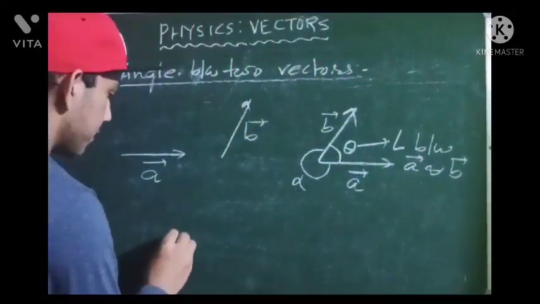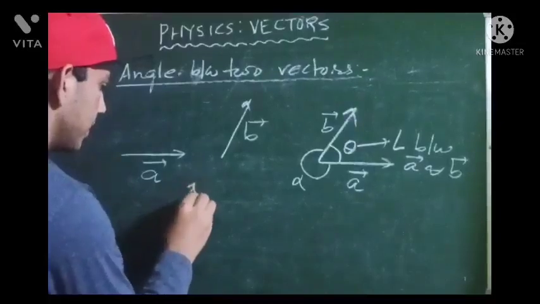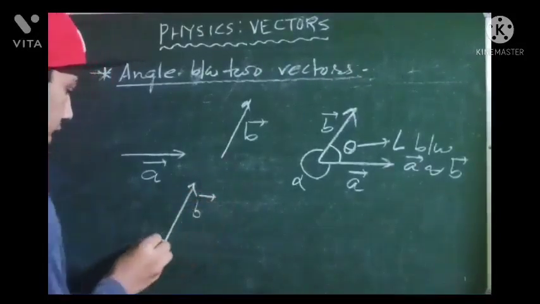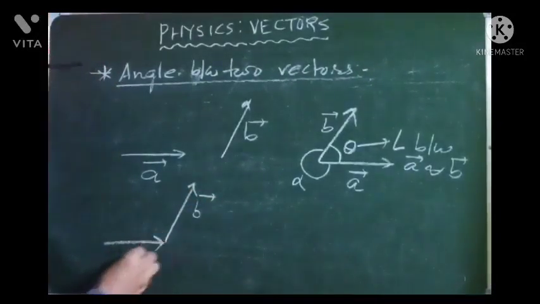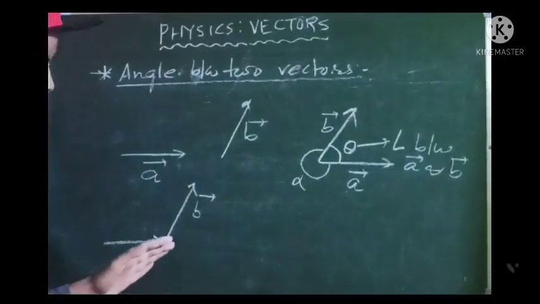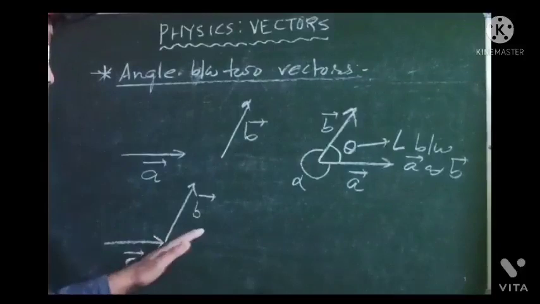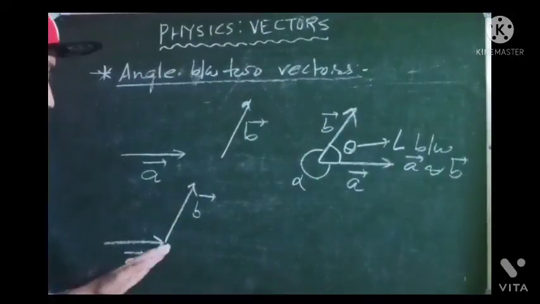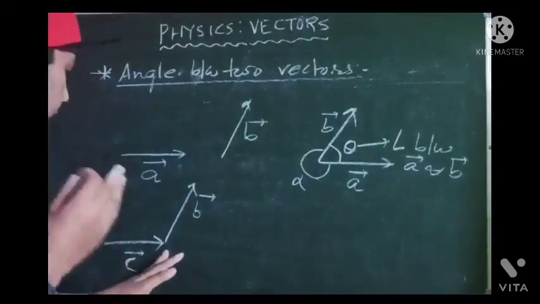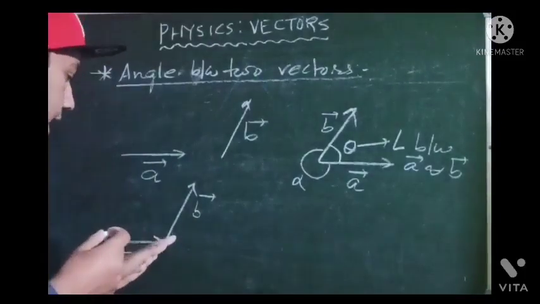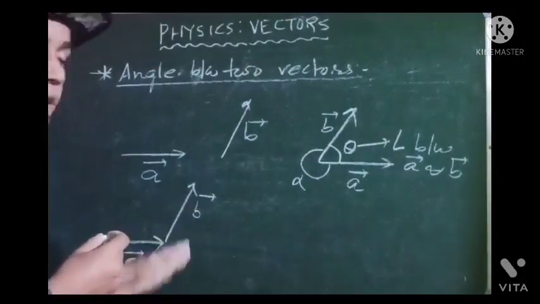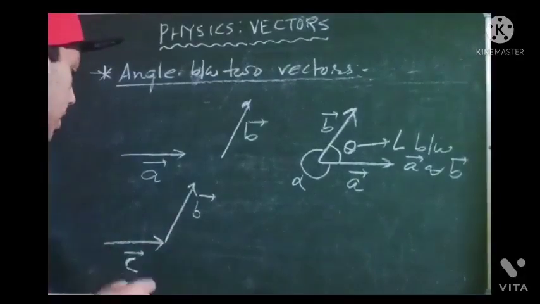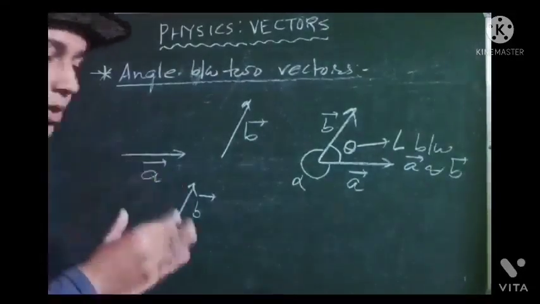Suppose we are given another example. This is B vector and this is C vector. We are supposed to find the angle between B vector and C vector. Then this combination is not ideal to find the angle between these two vectors, because here the head of this C vector is coinciding with the tail of the B vector, but both the tails should coincide.